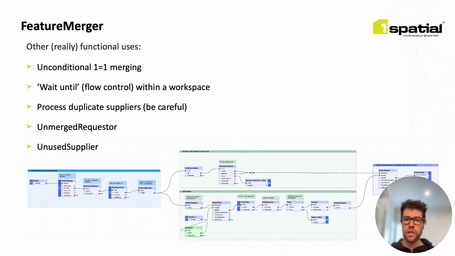Down the bottom, we have an operation where we're engaging with an API service, and at the top, which I'll show you in a moment, we have a separate operation working. The reason that I say flow control is we don't want the final part of the workspace to run until the API operations have finished in their entirety.